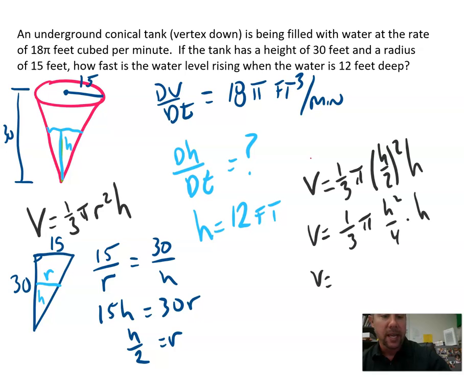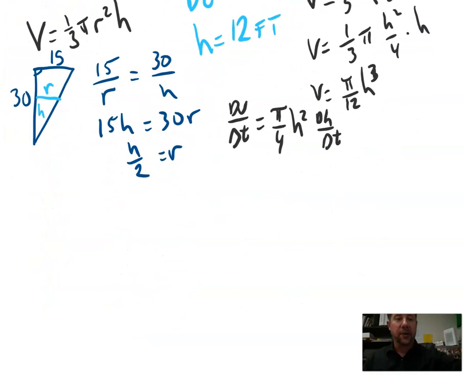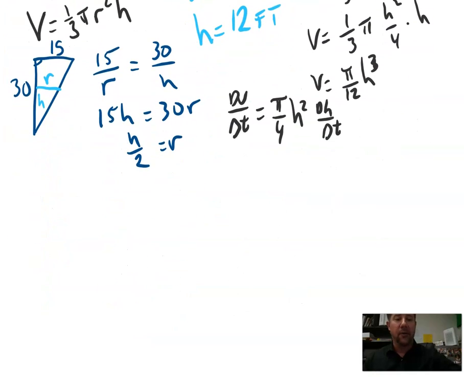Or V equals pi over 12 h cubed is my equation for volume in terms of h. And that's going to be a lot nicer now to take the derivative of. Okay? dV/dt equals pi over 4 h squared dh/dt. Okay, hopefully I didn't do too much too fast for you there, but 3 times pi, 3 over 12 is 1/4, and that's how I got to that right there.